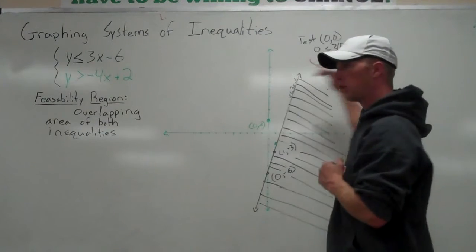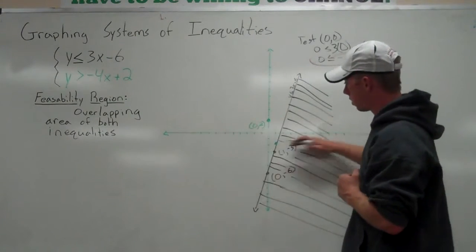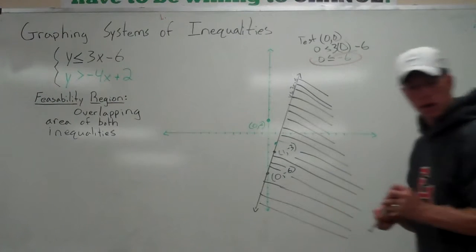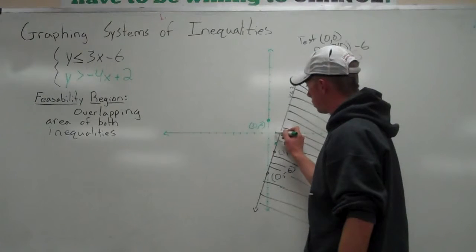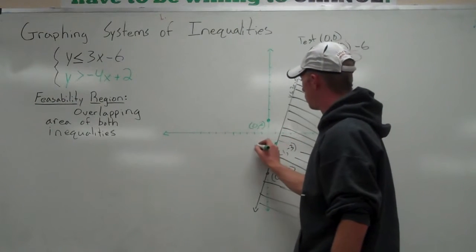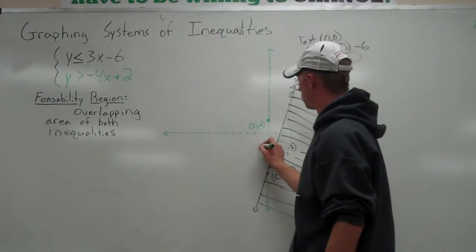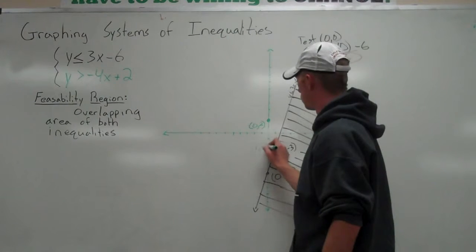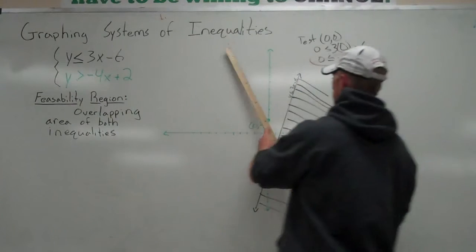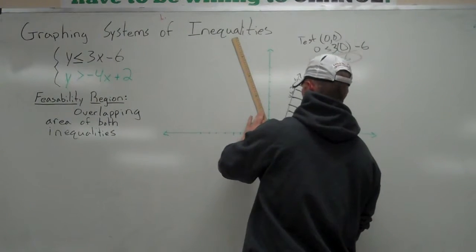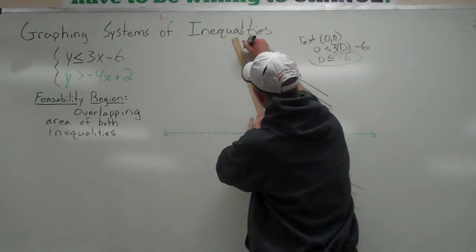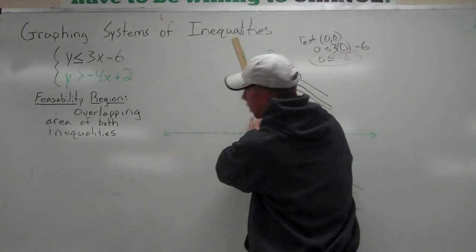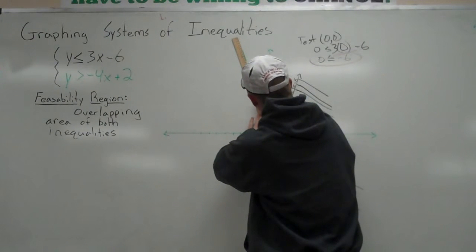We're just going to go up and to the right if it's positive, down and to the right if it's negative. Now I've got my 2 points. I can label this point also, it's 1, negative 2. And I can draw my line. And this is greater than, so I know it's going to be a dashed line.